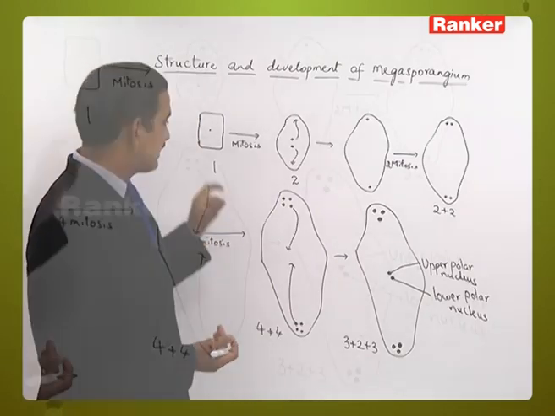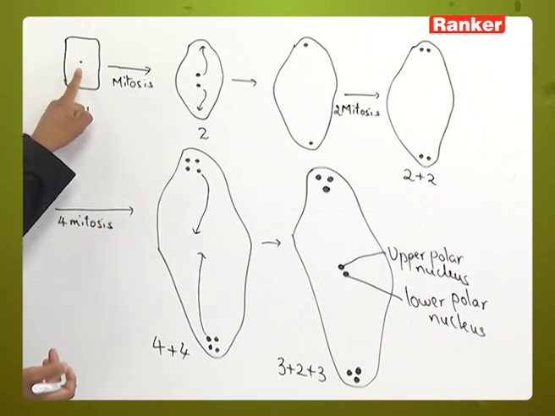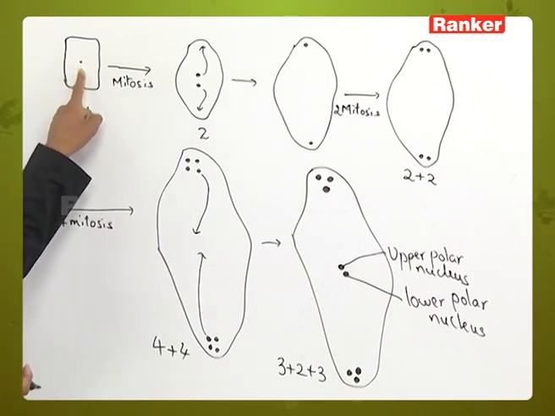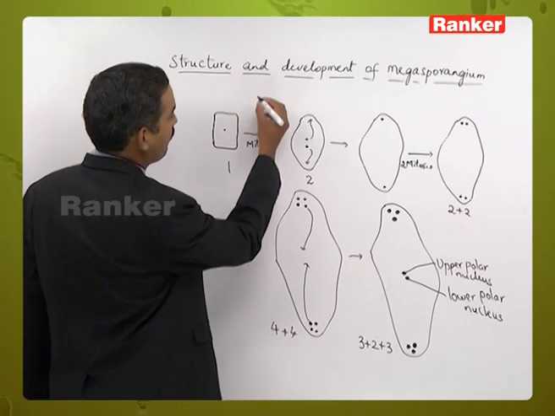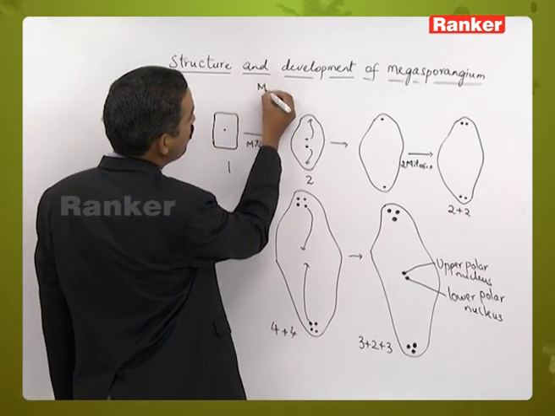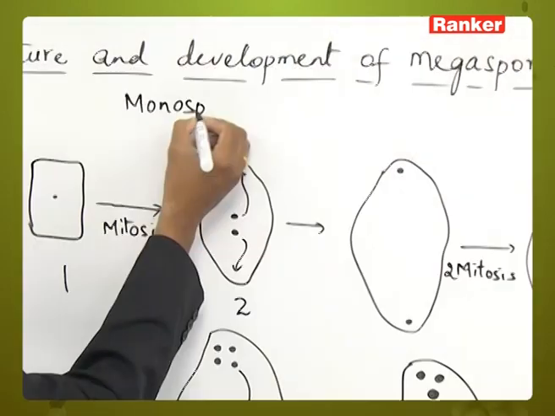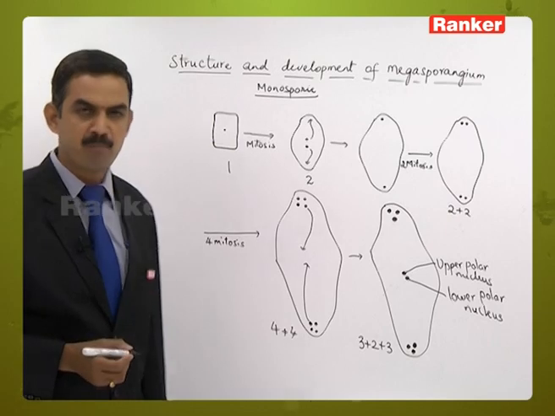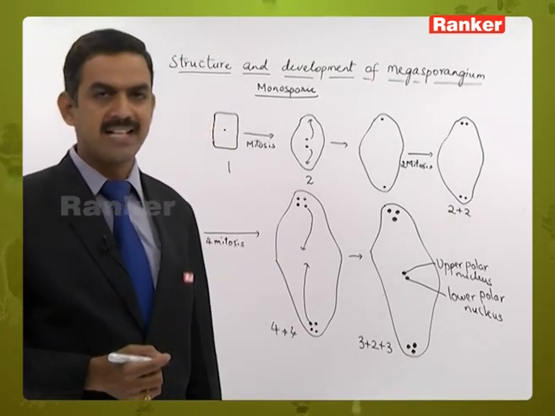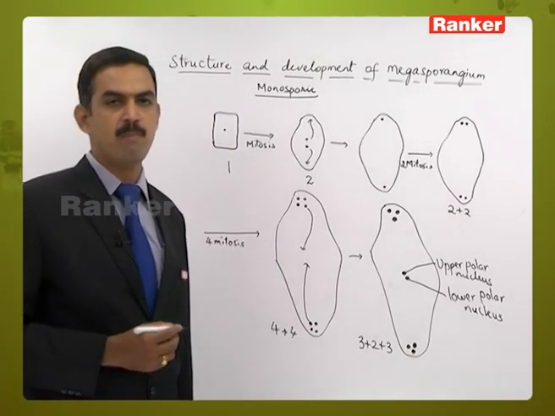And in this one, the embryo sac is developing from a single functional megaspore. That's why we call this type of embryo sac or female gametophyte a monosporic type. Monosporic type of embryo sac, because the embryo sac is developing from a single functional megaspore.